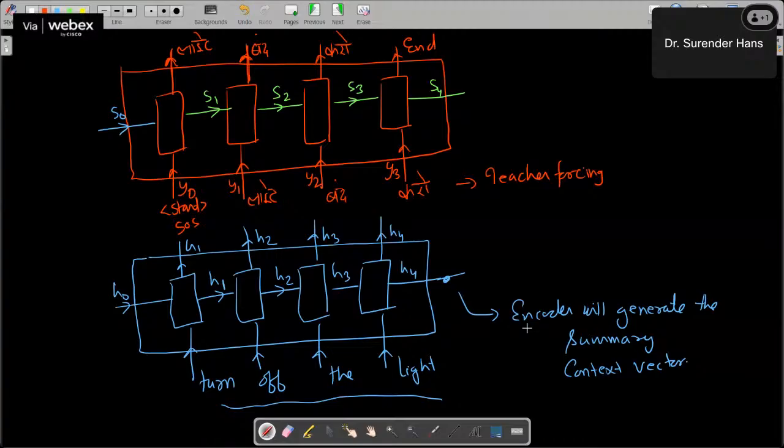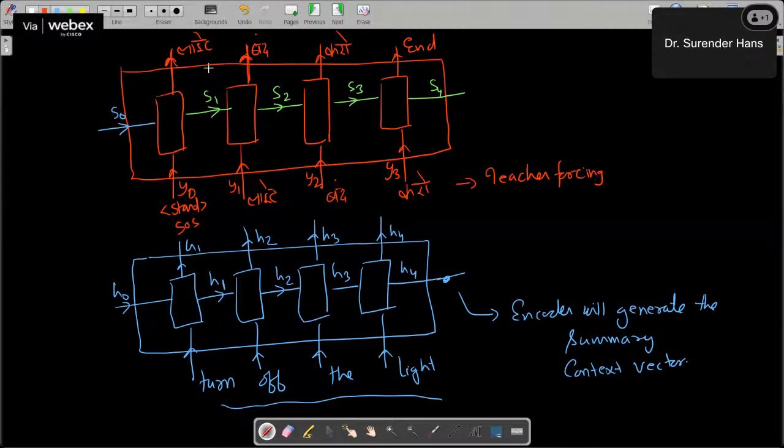Okay, and just because of this, the decoder will not generate the correct output. Now the point is, the problem is at the decoder side, not at the encoder side, because the encoder is okay, this one is the context vector. Now the problem is at the decoder side.